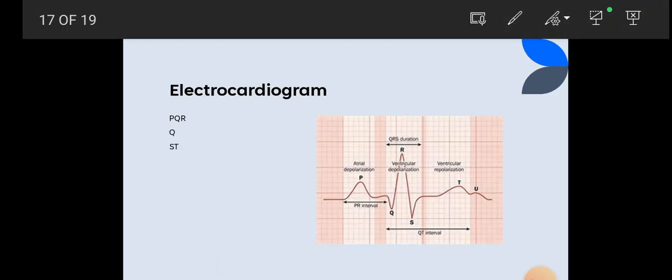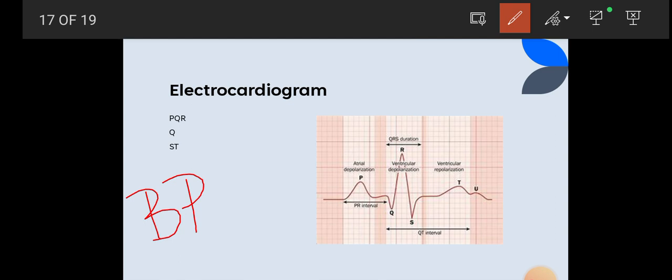Next one is how to measure. Apart from the BP instrument, which is named sphygmomanometer, and I have not included it because it is very common. We all know the BP machine.